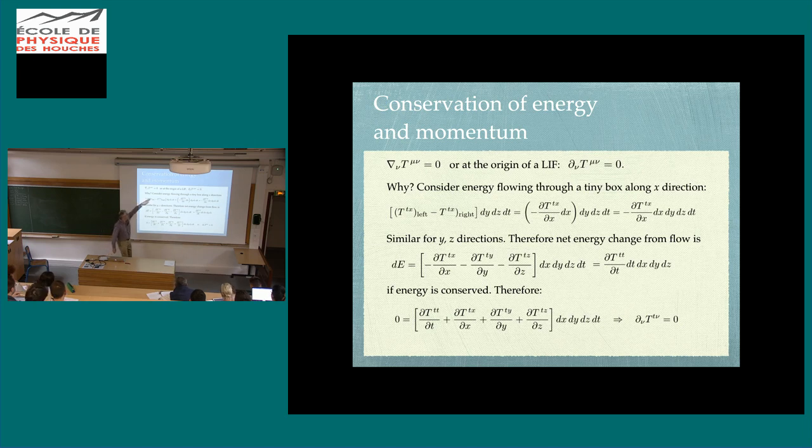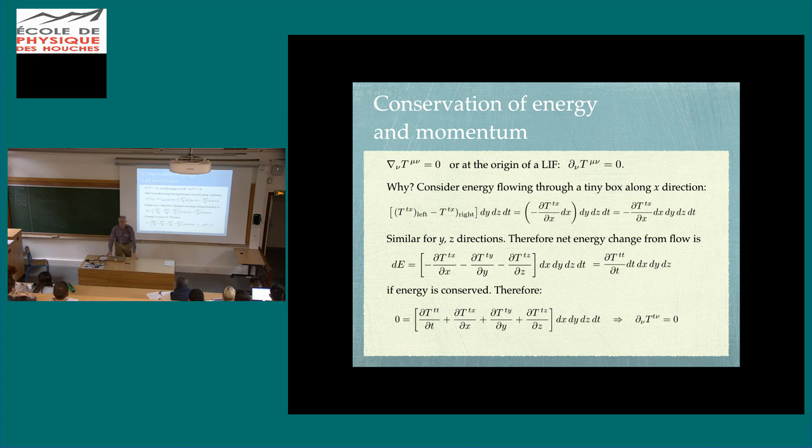Okay, so the point is, this expression in the locally inertial frame tells you that energy is conserved. I did this for the time component, which is about energy conservation. The other components are about momentum conservation in the x, y, and z directions.